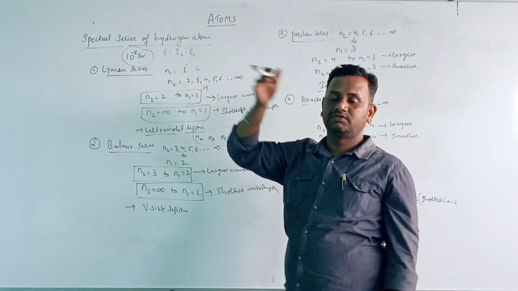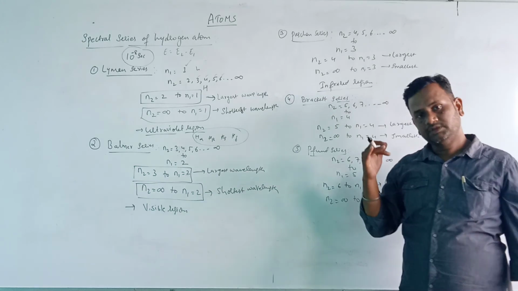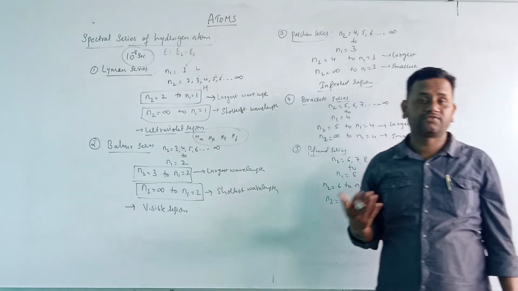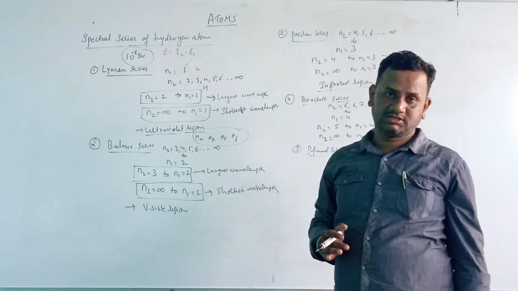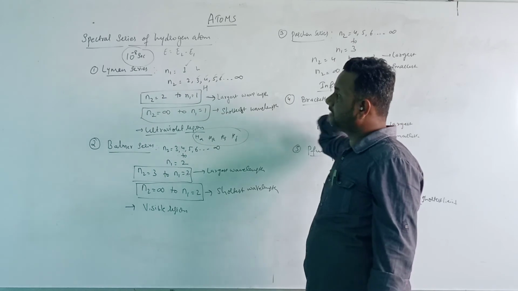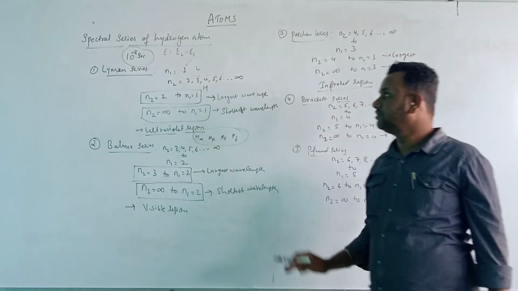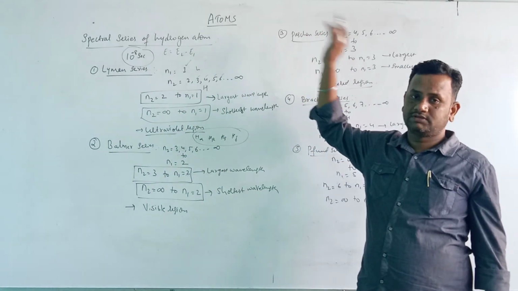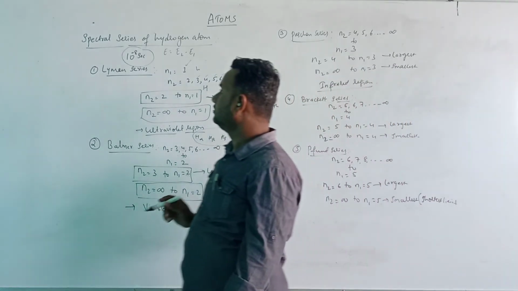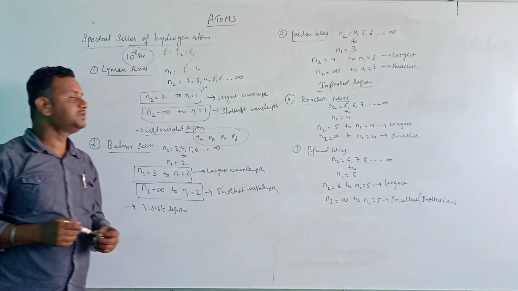After that it jumps from the higher orbit to a lower orbit by emitting photons of different frequencies. So these are the spectral series of the hydrogen atom.